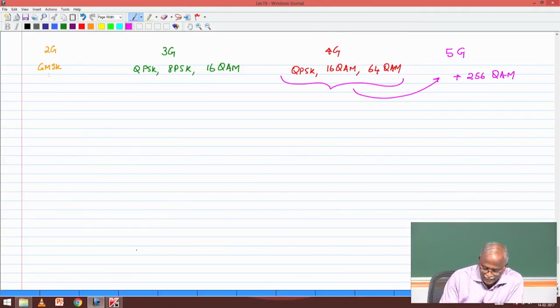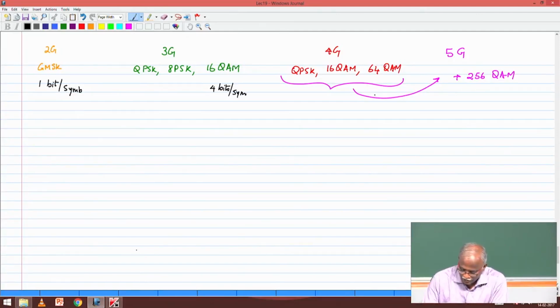At this stage we were doing 1 bit per symbol, or per channel use, then went all the way to 4 bits per symbol, then to 6 bits per symbol, the highest.